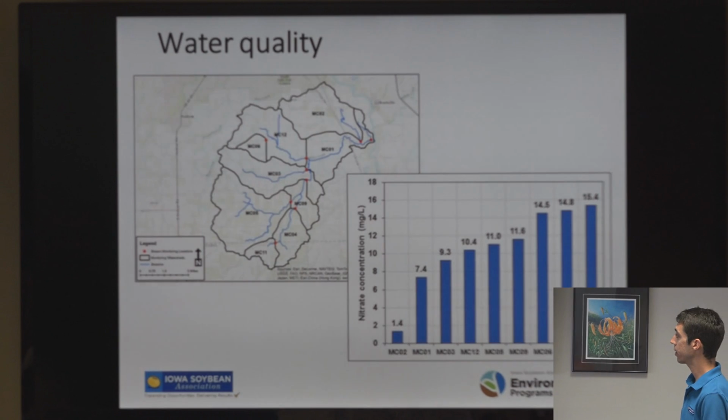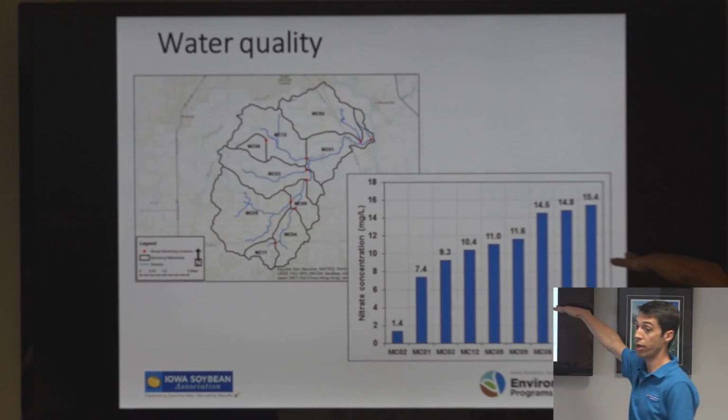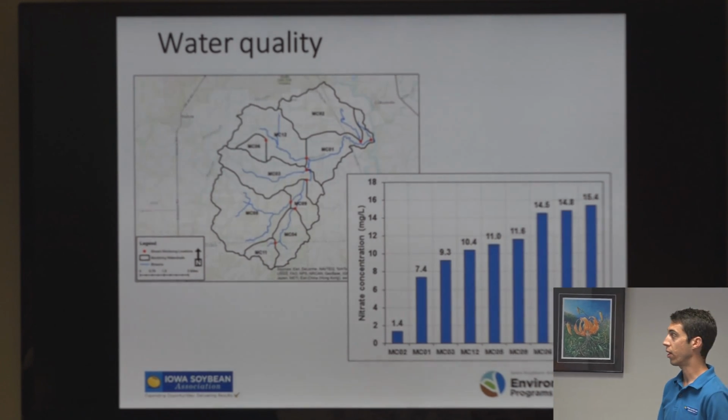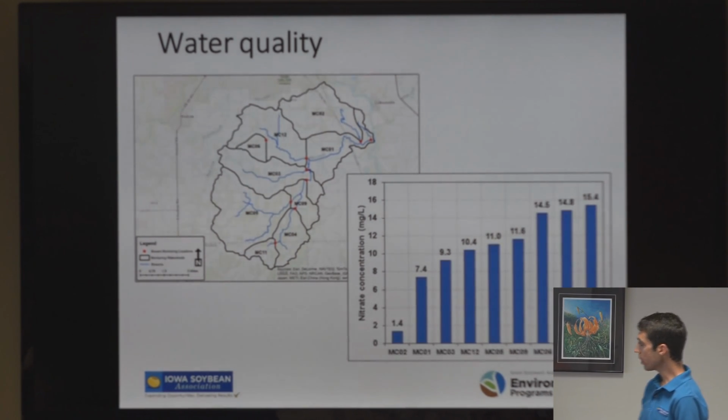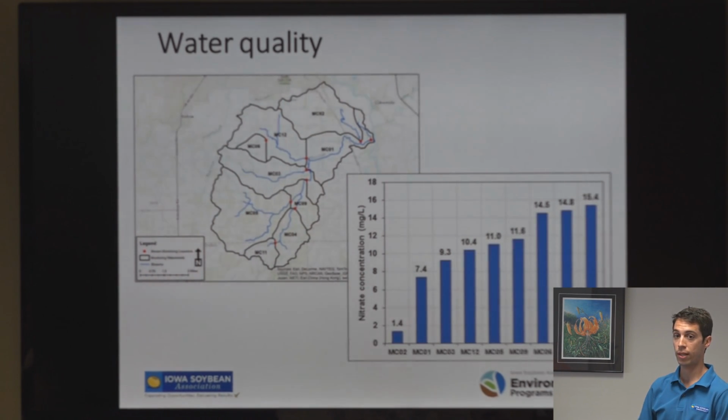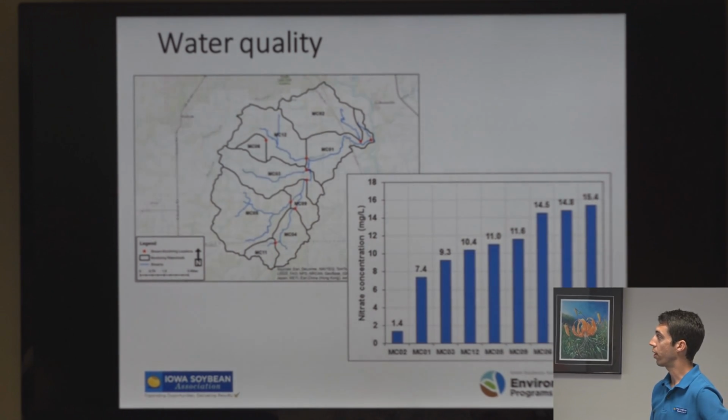To put that into context, 10 is the EPA drinking water standard. So like the Cedar Rapids Water Utility, they're interested in that level. And the reason MC02, that watershed, is so low is that it drains into a natural wetland, and that wetland is filtering out a lot of the nitrates before that water is measured just at the wetland outlet.